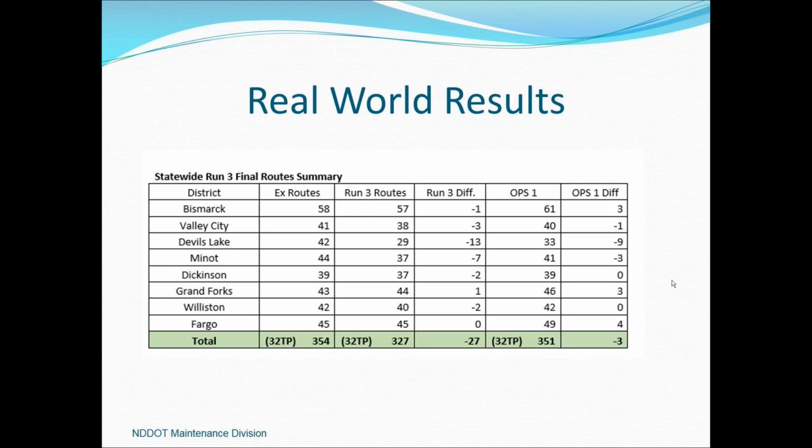So we plussed our districts back up with 2 operators per district for people being out, so we can cover those 327 routes. And then when we add in our night shift in our 3 urban areas, we're back to 351 operators versus our 354. So in reality, we were staffed pretty close to what we really needed.